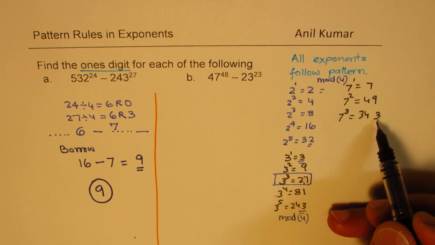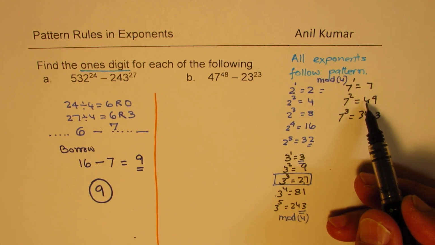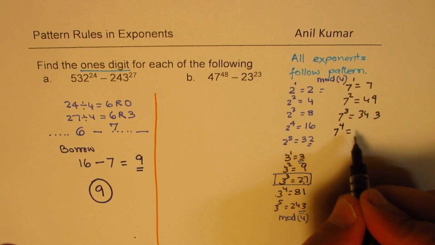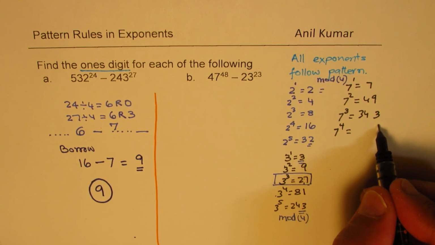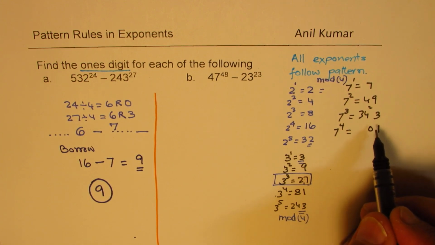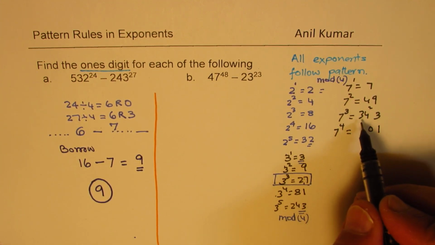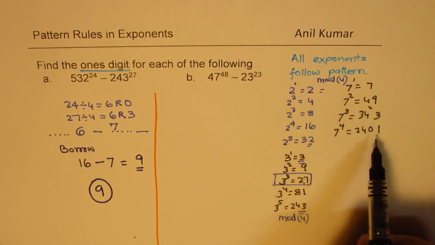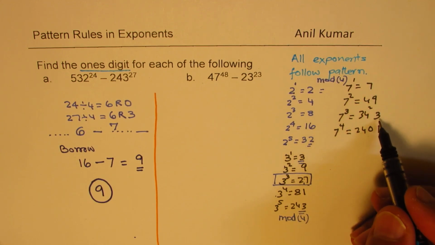Now, if I multiply 343 by 7, 3 times 7 gives me 21, so 1 goes there. 7 times 4 is 28, 8 and carry 2, and 3 goes there. 7 times 3 is 21, and 3 makes 2401. Something like this. So what I'm trying to tell you here is that the ones place goes 7, 9, 3, 1.